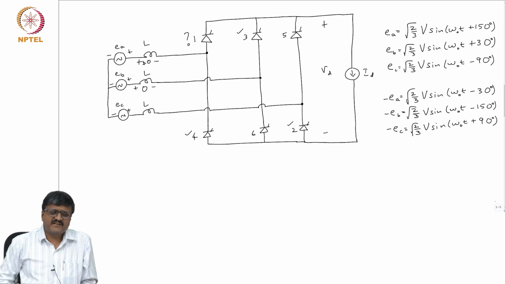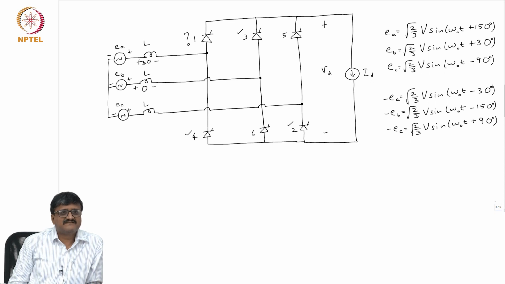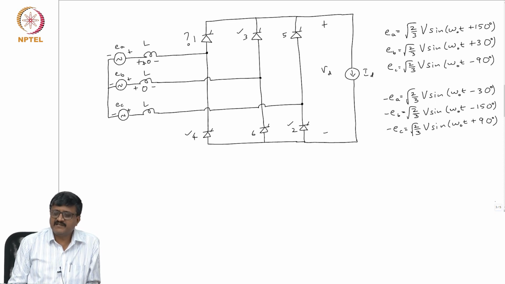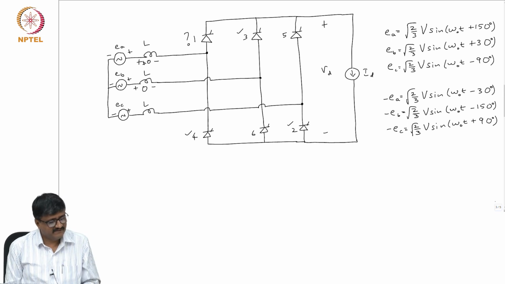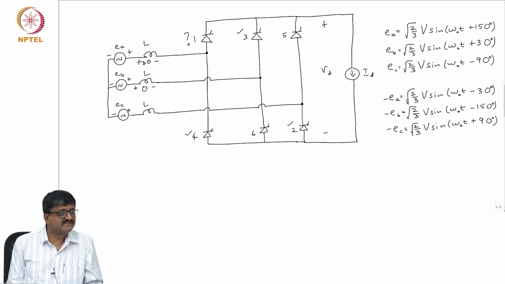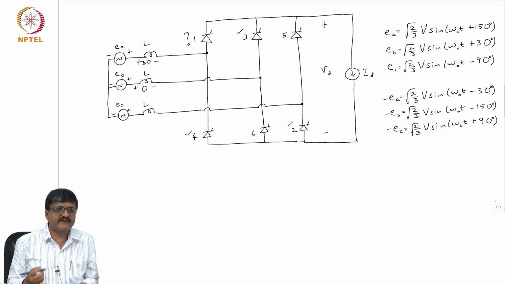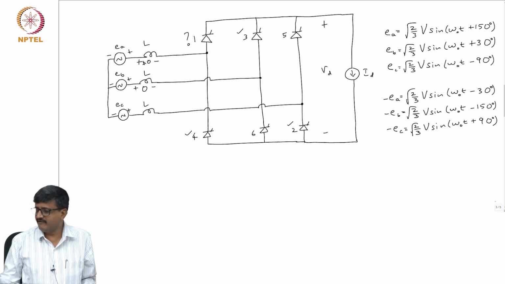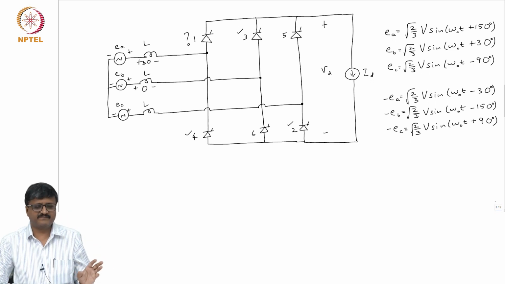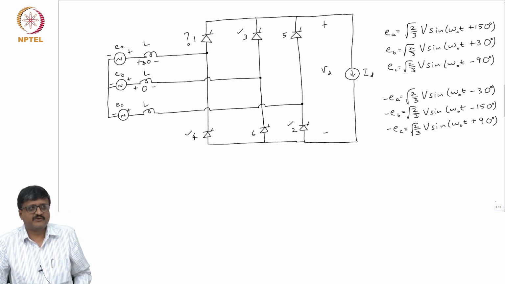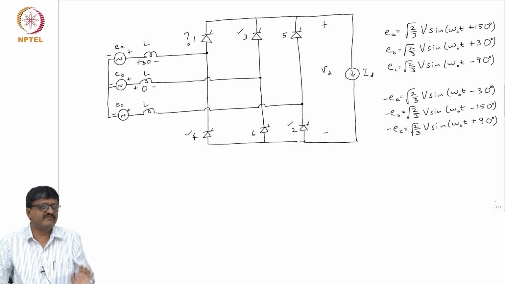Can I write it in terms of VD? What is the voltage across valve 1 in terms of VD in this case? Valves 2, 3 and 4 are conducting. Can I write it in terms of VD? No, why in terms of VD means we already know what is VD. So, if I know in terms of VD, it becomes easy. See, VD I have already written in terms of EA, EB and EC. So, the hint is there is an easy relationship to VD.